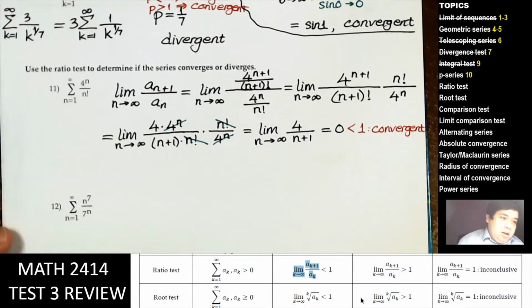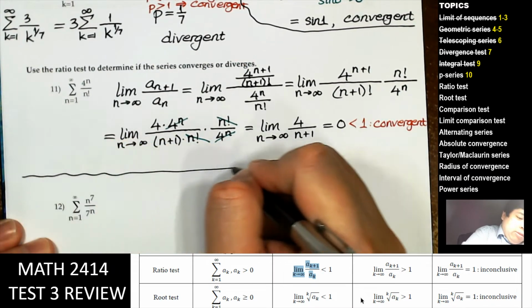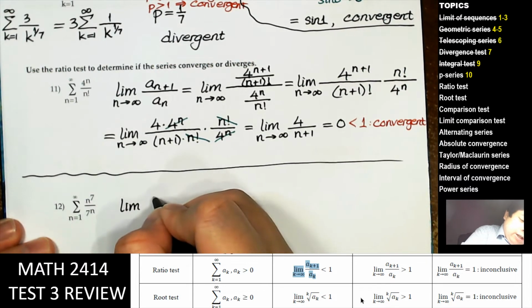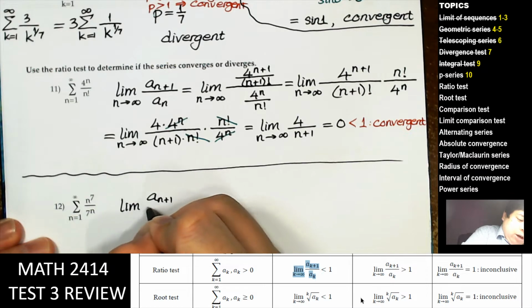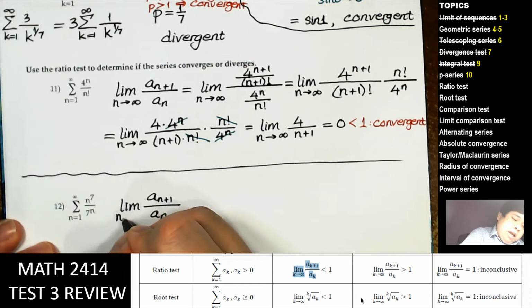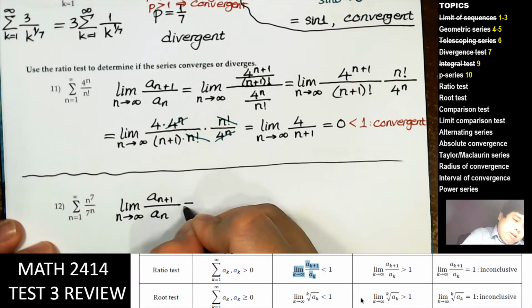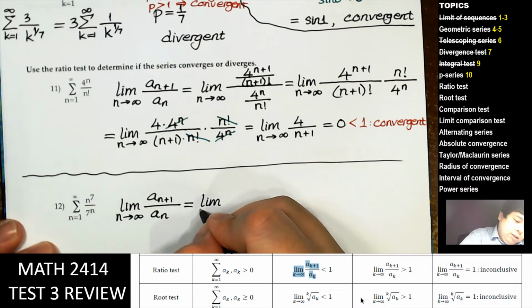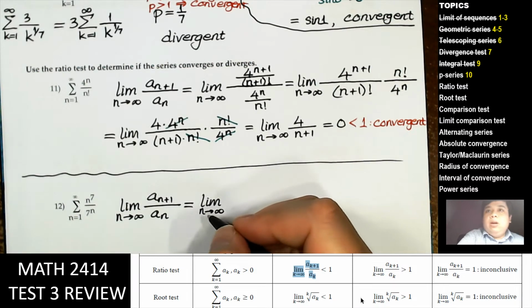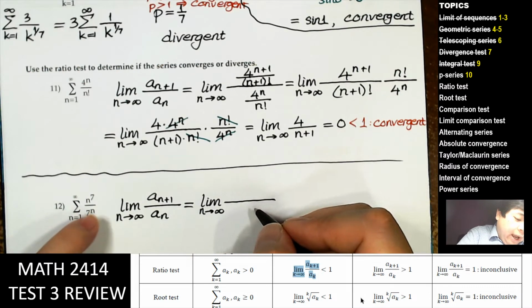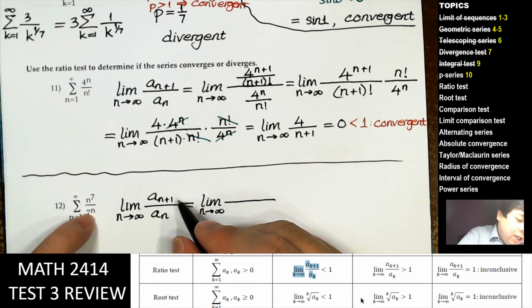Right. Next one, we do the same thing. Find the ratio of a sub n plus 1 over a sub n. So the next term divided by this term as n goes to infinity. We're going to put n plus 1 into n.